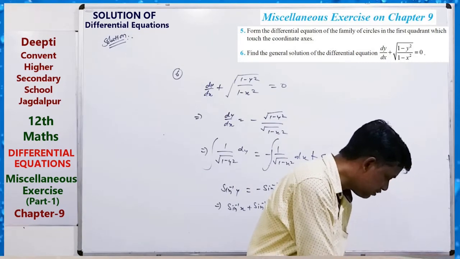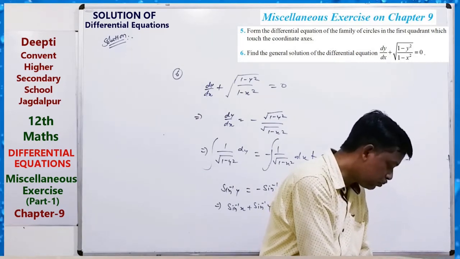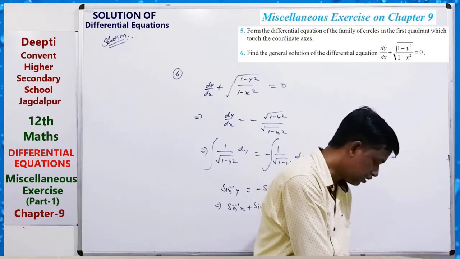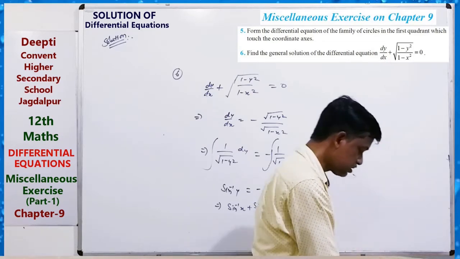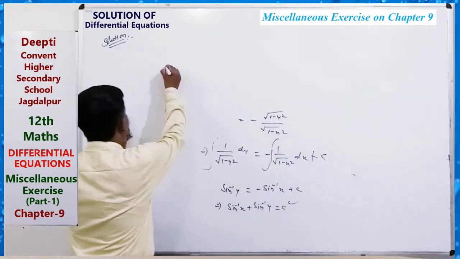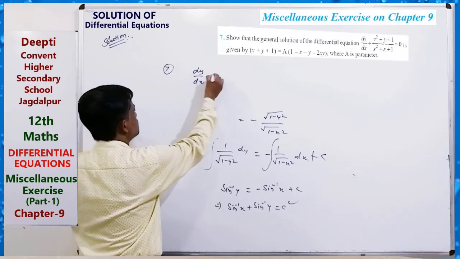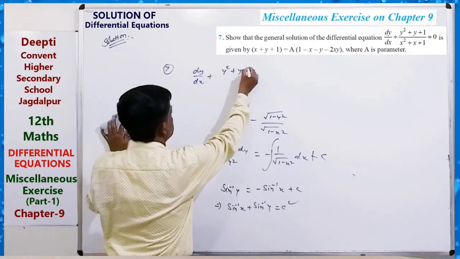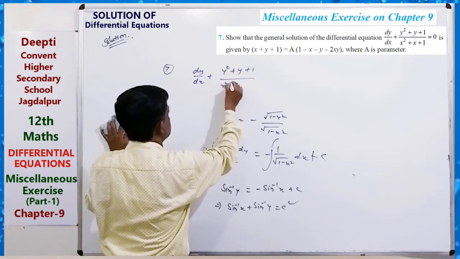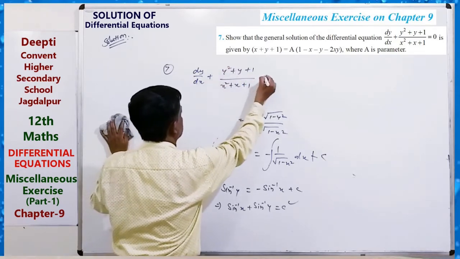Now question 7. Here also it is given that you have to prove that the general solution is in this form. Question 7 is given like this: dy by dx plus (y square plus y plus 1) upon (x square plus x plus 1) equals 0.